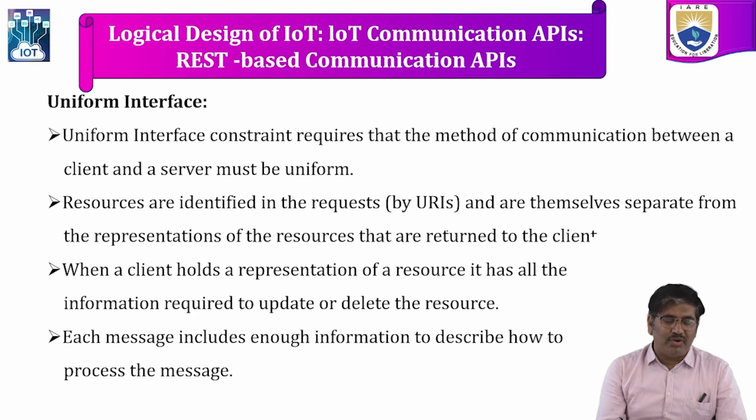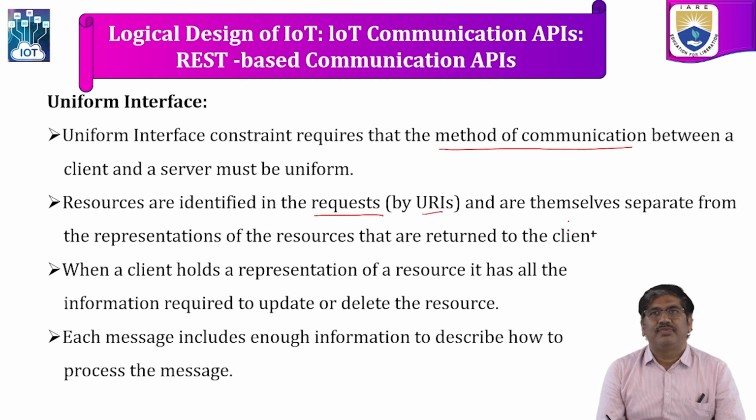Next, we'll see uniform interface. The uniform interface constraint requires that the method of communication between a client and server must be uniform. Resources are identified by the request, like URIs, and are themselves separate from the representation of the resources that are returned to the client.